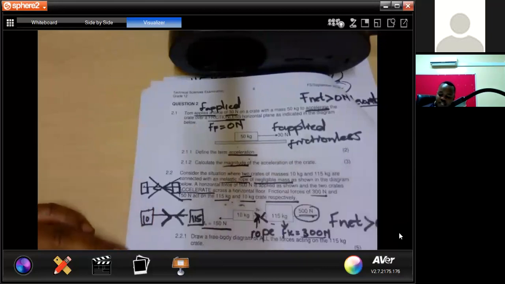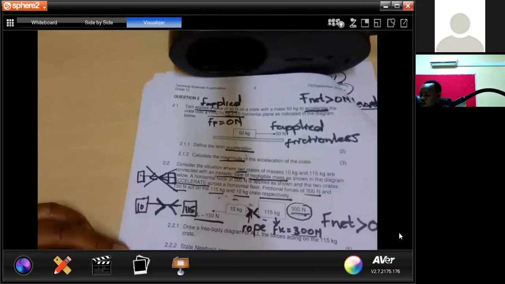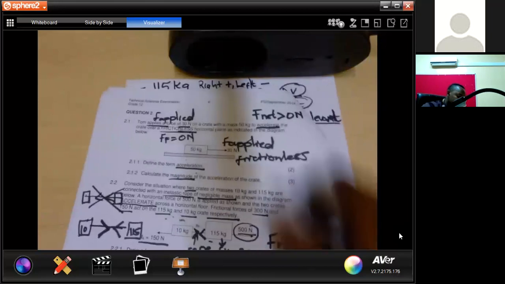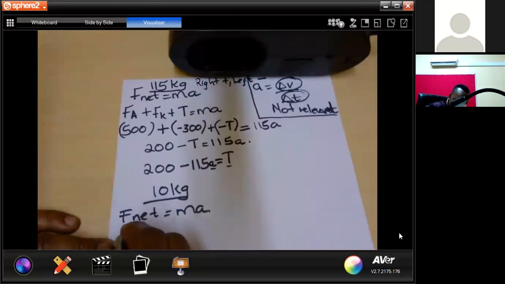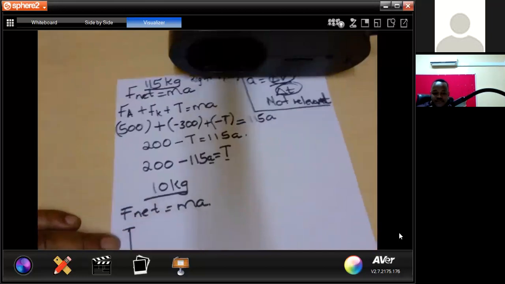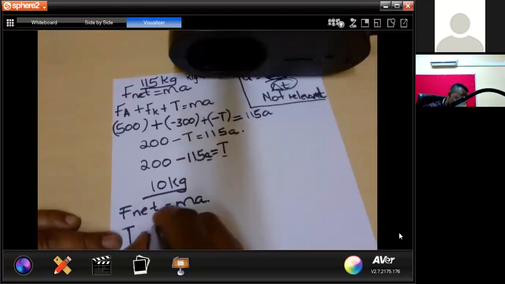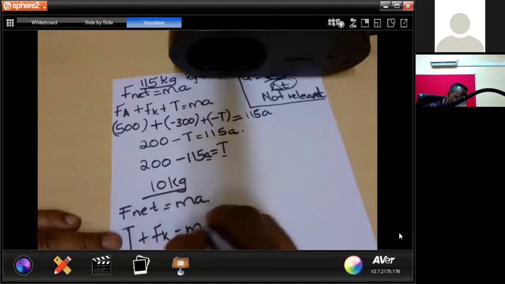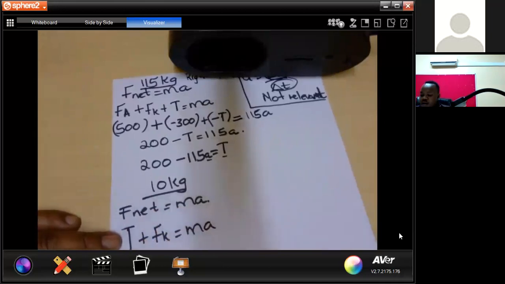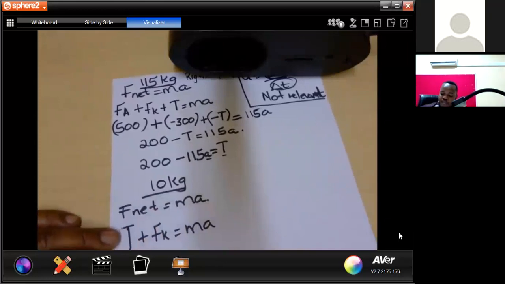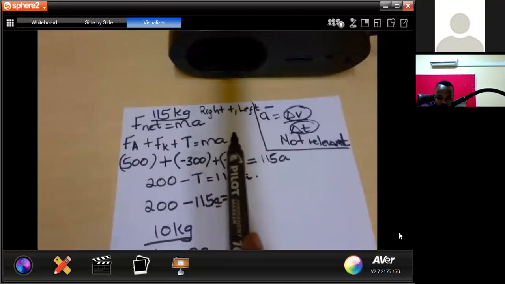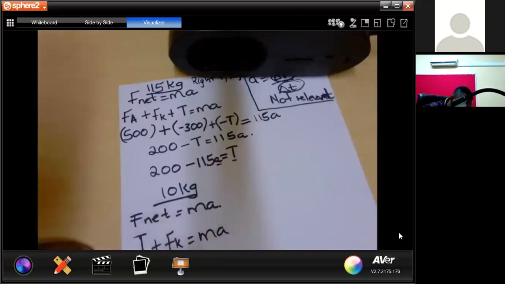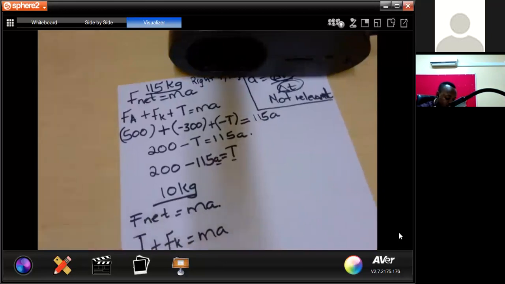So what you will definitely do is to say, for the net force in this case, it is the tension as well as the kinetic friction, and that will give me MA. Remember now, I have to add them. The tension I still do not know, so I'm substituting tension, and because it's going to the right, it is positive.